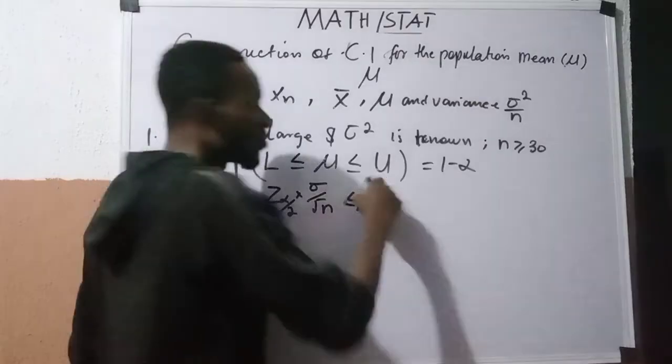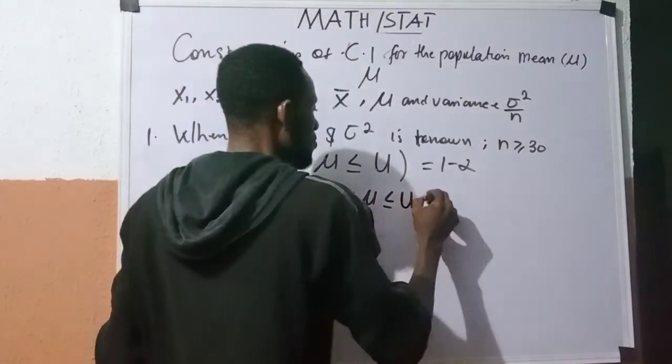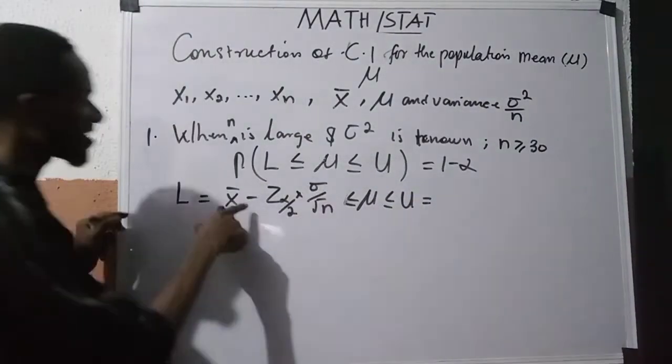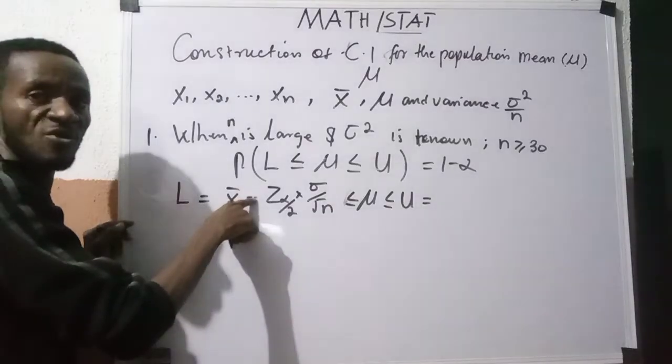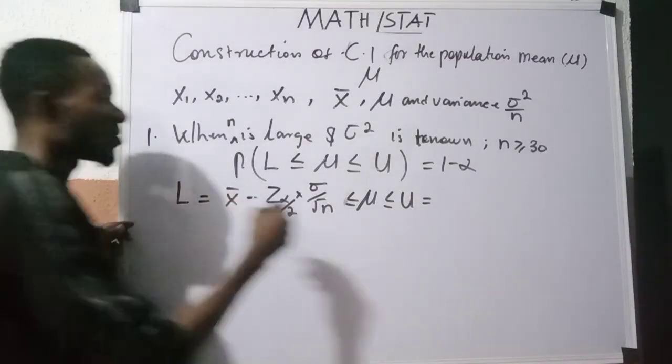The value of U is now as follows. The only thing that changes is that instead of negative, it becomes positive.